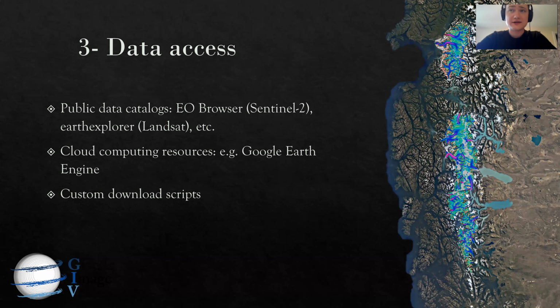And finally, there are custom download scripts. If you're wanting to run this sort of program on a very large scale, you can run scripts to automatically download Sentinel-2 or Landsat data from various data repositories. We're not going to go into this too much.